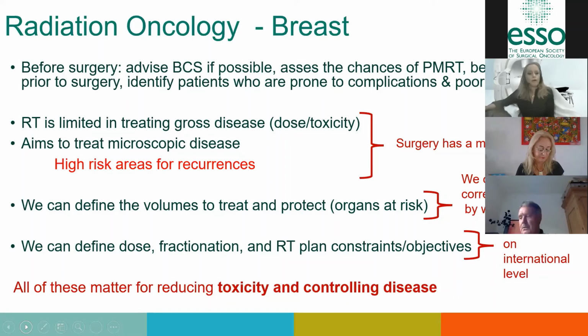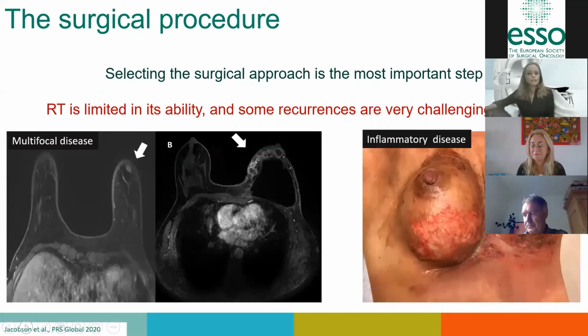We can define the volumes to treat and protect, but we need your help, as we discussed before, also about the boost. We can define the dose, fractionation, radiation plan and constraints, but we need more work on an international level. And all those factors matter for reducing toxicity and controlling the disease.